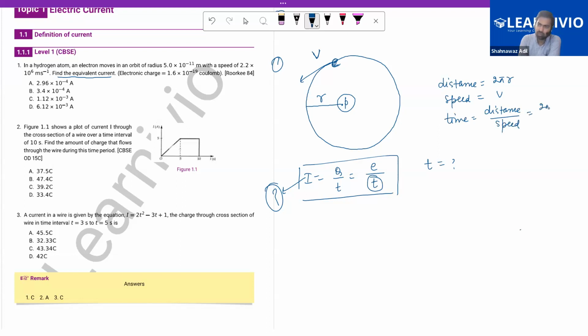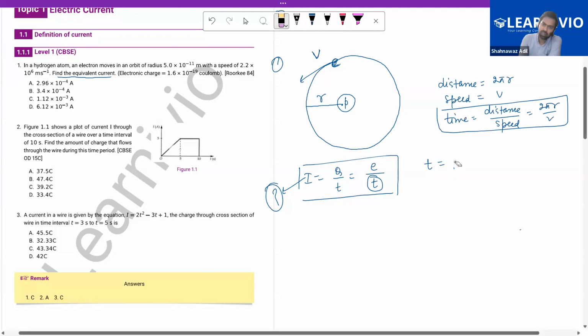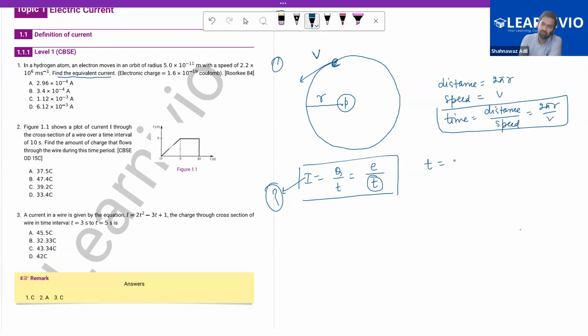So this would be 2 pi r by v. This is the time. Now we have got the time, and now we can calculate the current.